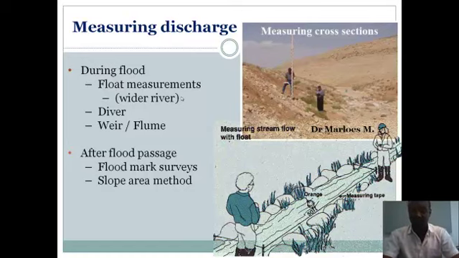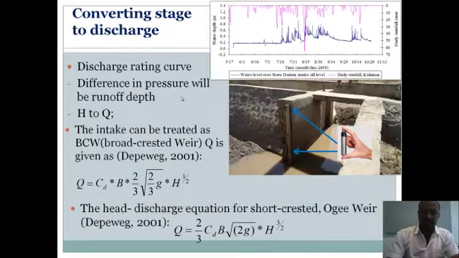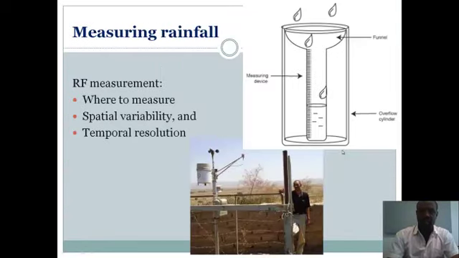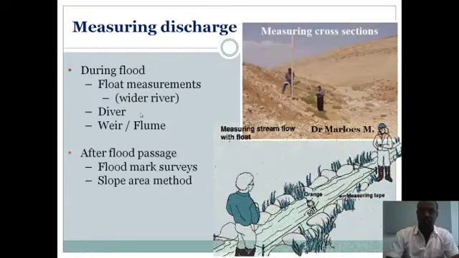We could also use a diver, which is basically a very small device that measures water levels and depths. The other is a weir or flume, which is still very common.